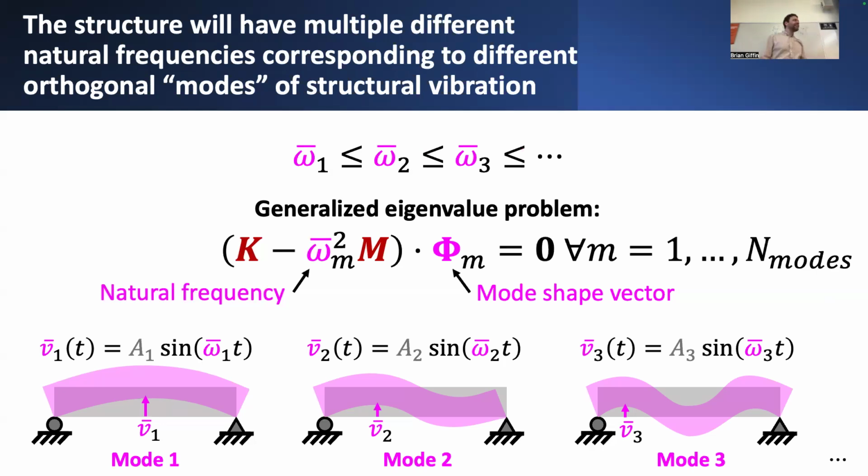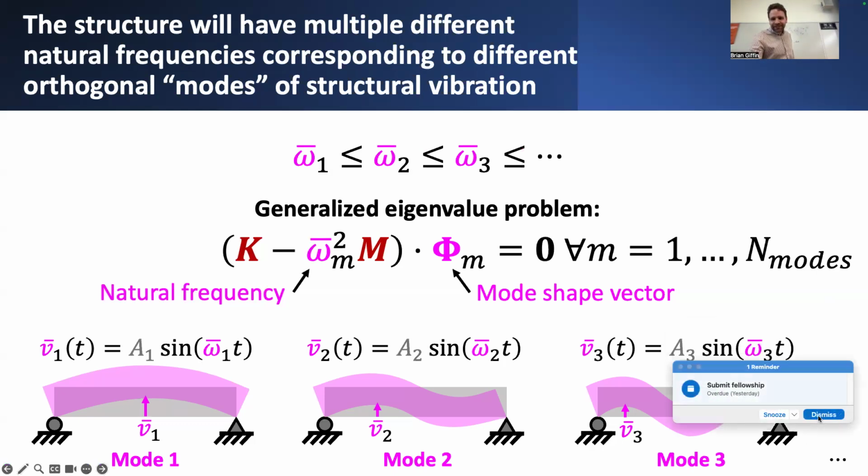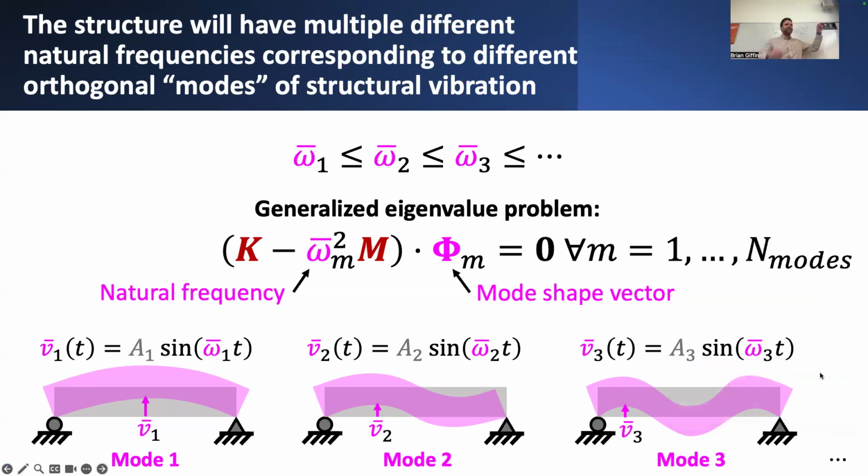And this capital phi effectively has the interpretation of being a mode-shape vector. It is, if you like, a vector of displacements, much like our displacement vector for the structure. It characterizes in some ways the total displacement at each one of the nodes in a particular modal deformation shape.